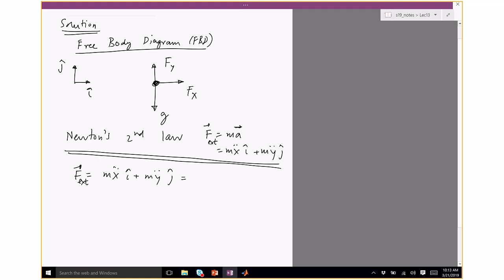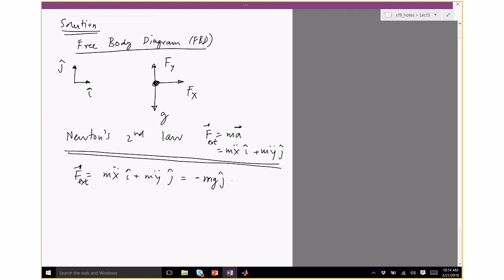Okay, the external forces on the body are gravity, so mg, acting in the negative j direction because j upwards is positive, so negative for the direction.